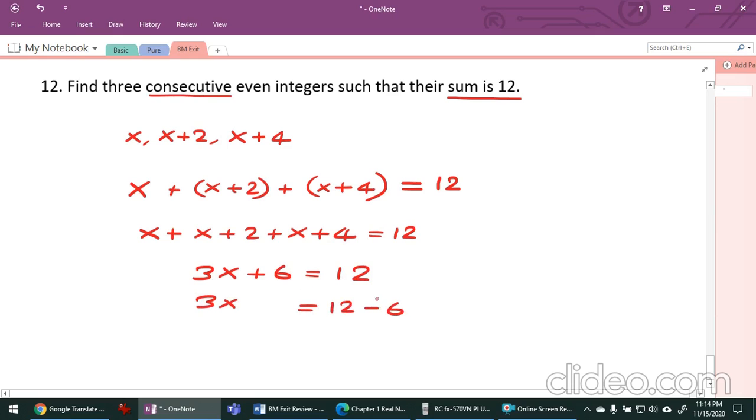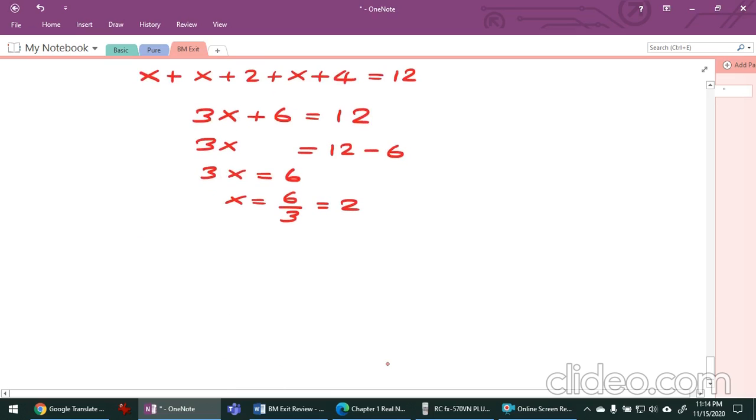Plus 6 will come here, minus 6. Okay, 3x equal to 12 minus 6 is 6. So now x equal to 6 by 3, answer is 2. That means the first number is 2. So now our numbers are x, x plus 2, x plus 4. These are the numbers.